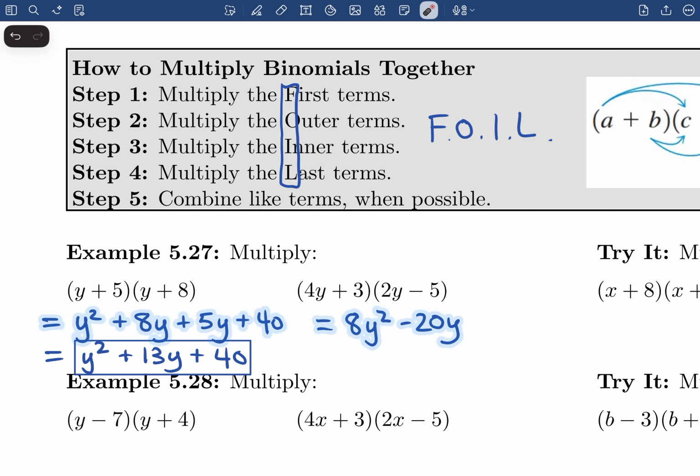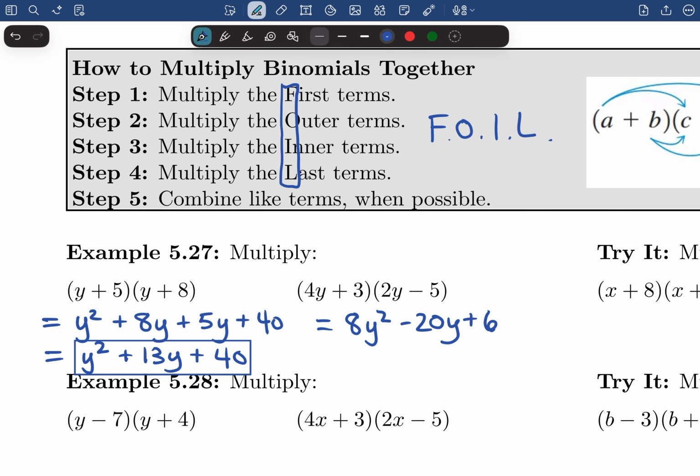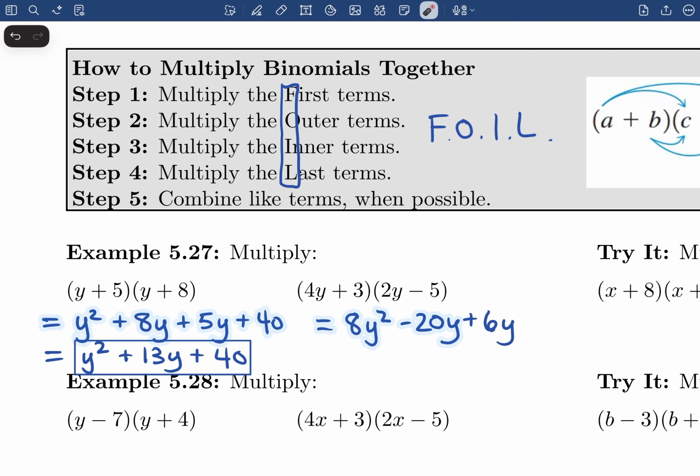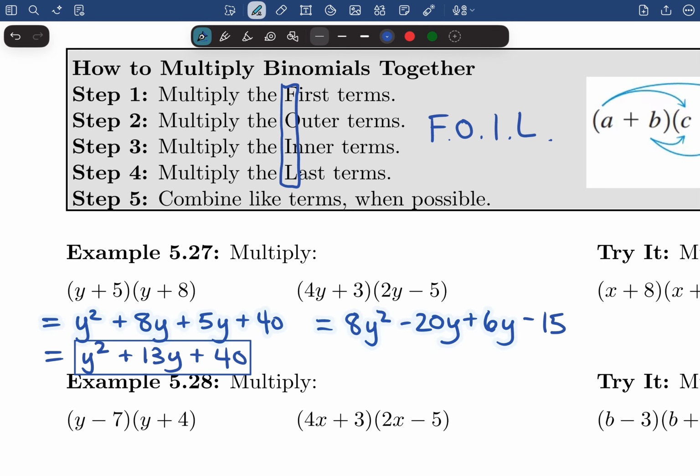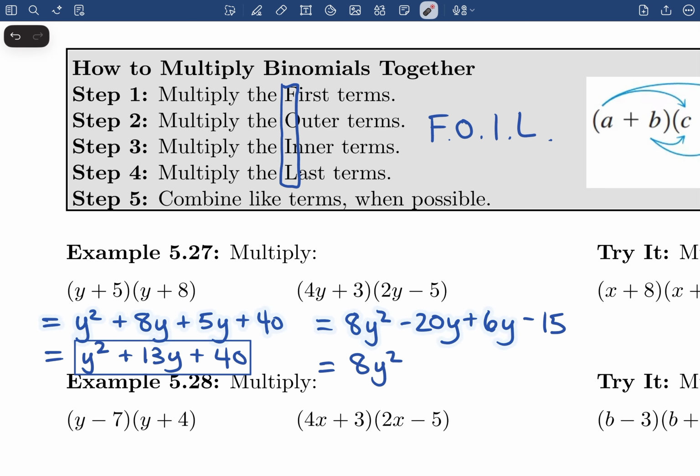And now I look at the inner terms and I multiply them together. Positive 3 times 2y, that's a positive 6y. And now I take my last terms and I multiply them together. They're constants. 3 times negative 5, that gives me negative 15. Now I look for any like terms, and you start to realize something that ends up happening.